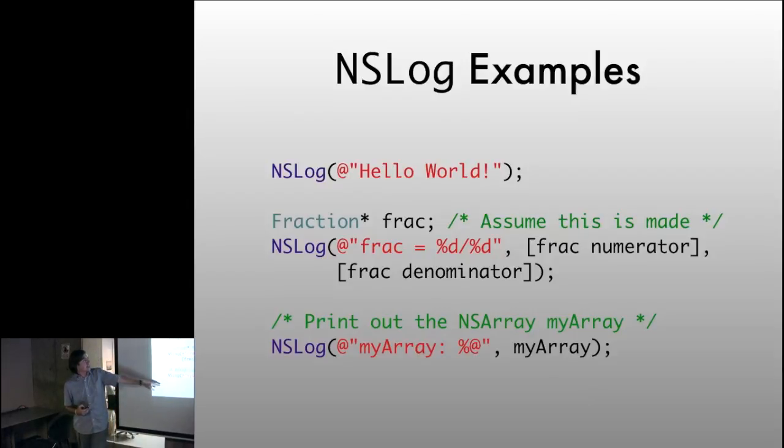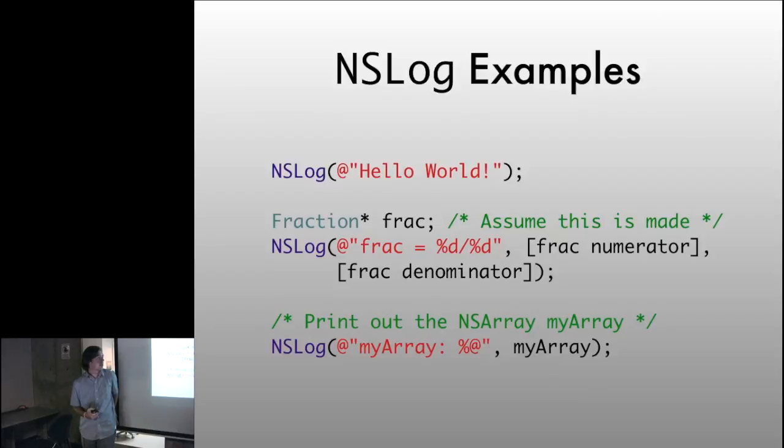And here's an example of logging out an object. We have some array, and we want to log it out to the console. We can log it out with %@. Yeah? What is the %@ sign? It takes in any subclass of NSObject. It's a format specifier like %d, %u, %l, %f, but it's specific to Objective-C and NSLog, and it takes an object, calls description on it, and prints the description out.